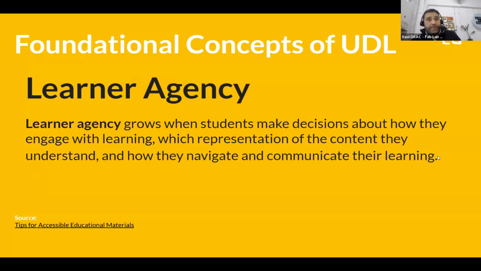What else? Another goal of the UDL is to develop learner agency. And it happens and it grows when the students make decisions. And making decisions means also how they can be engaged with the learning, and which kind of representation of the content they understand.